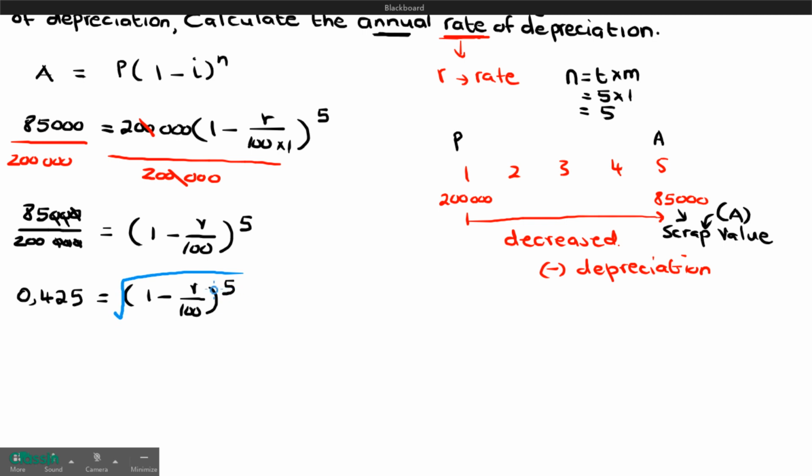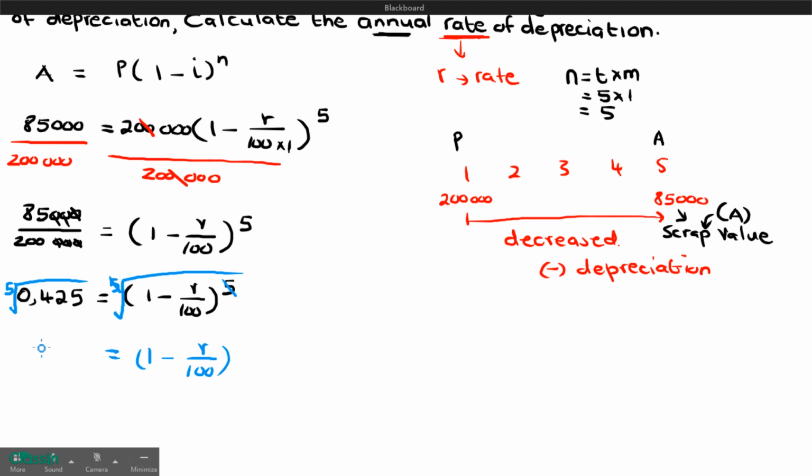When you want to remove this exponent, take the fifth root of it, and whatever you do on the left you do on the right. Why do we choose a fifth root? We choose a fifth root because the exponent is 5. This means that this 5 will cancel out that, and we remain with 1 minus R over 100.